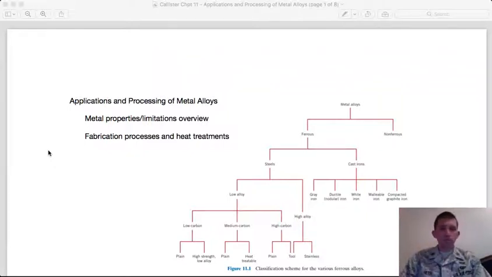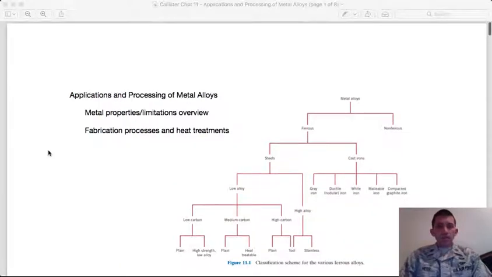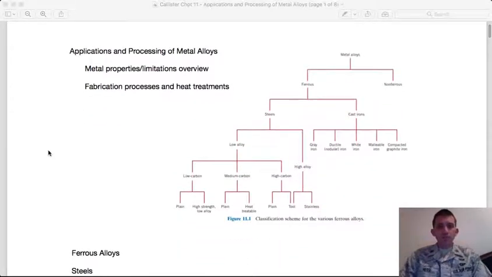Chapter 11 is on applications and processing of metal alloys. And it's a dense chapter. There's a lot of information there.